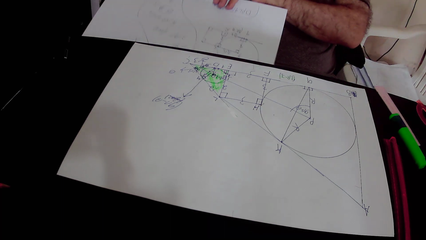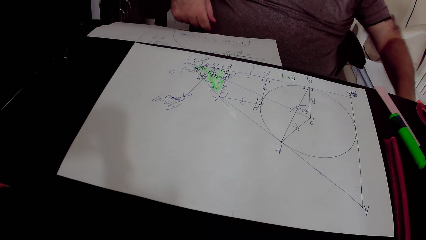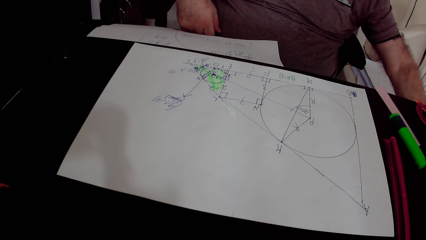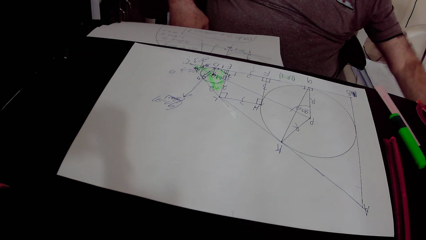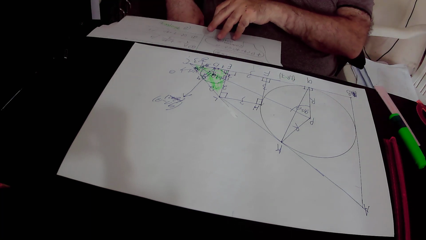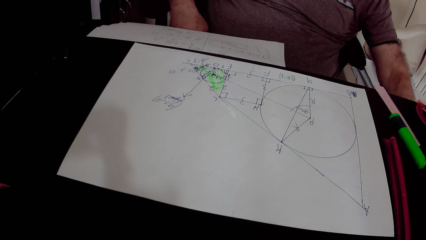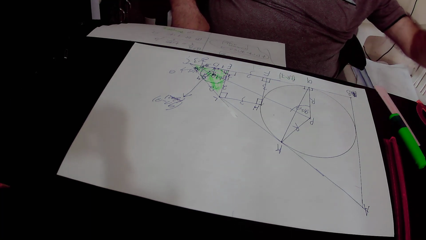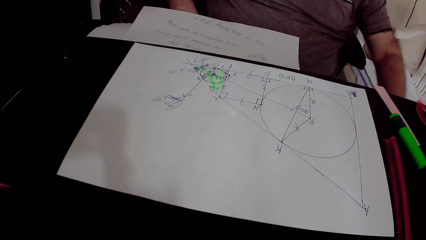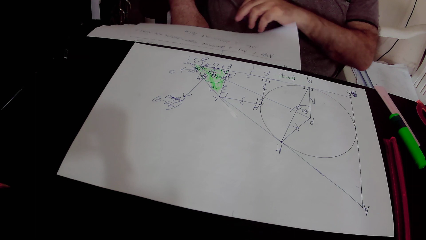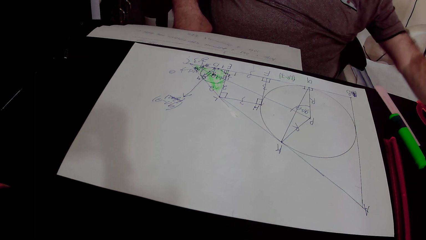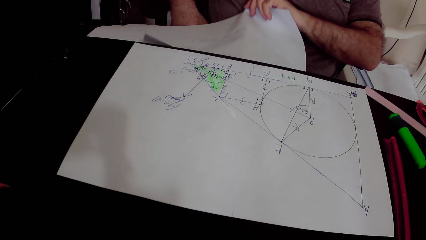And our mission is to find out the radius of the big circle. In order to find it, we actually used 3 rules all over the question. So I present to you the 3 rules that we used in order to solve this question.